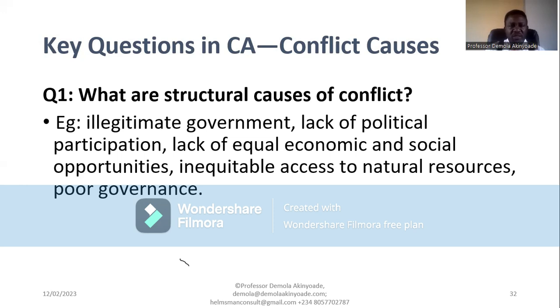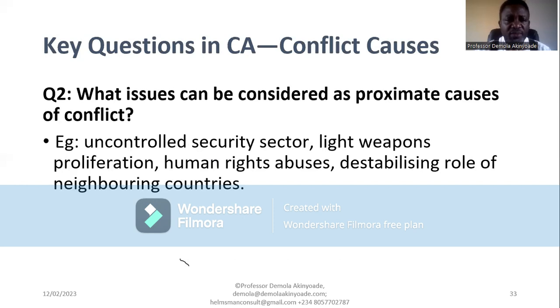Maybe because there are weak laws. Maybe the fact that whoever becomes the president is like a demigod. He has almost superpowers to do and undo. Maybe these are some of the reasons. So get information on structural causes of conflict.